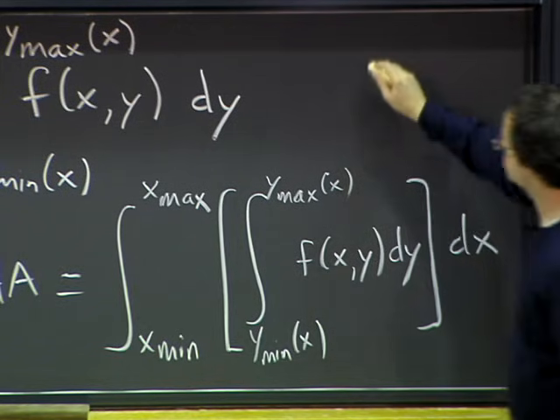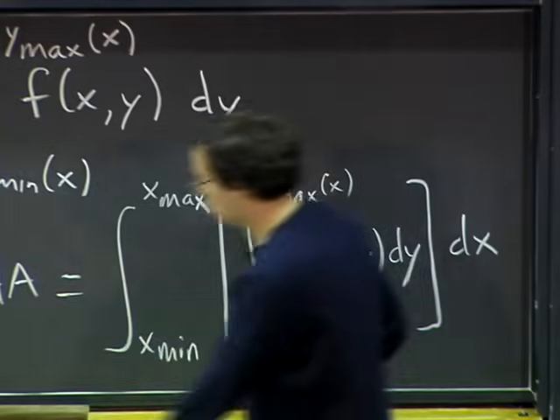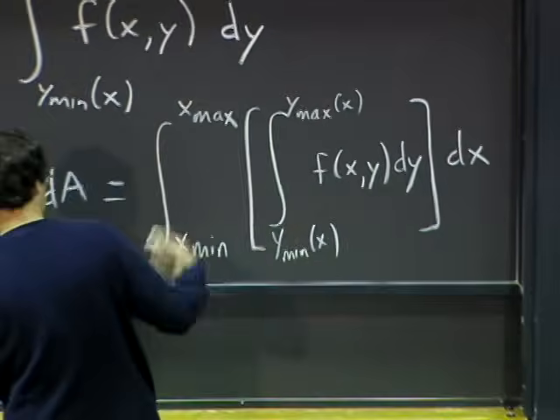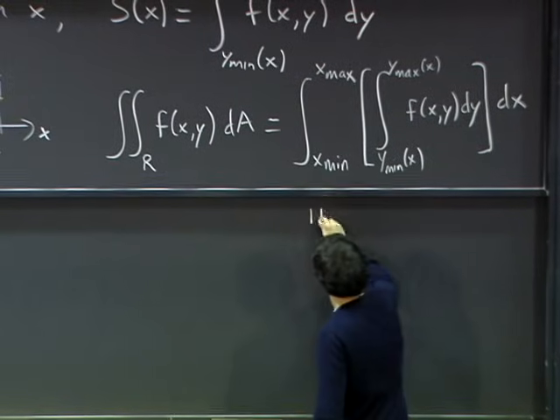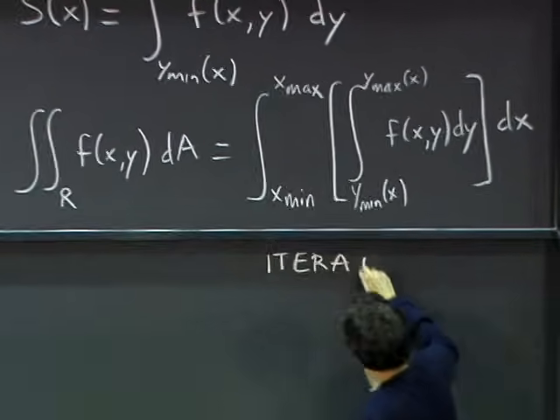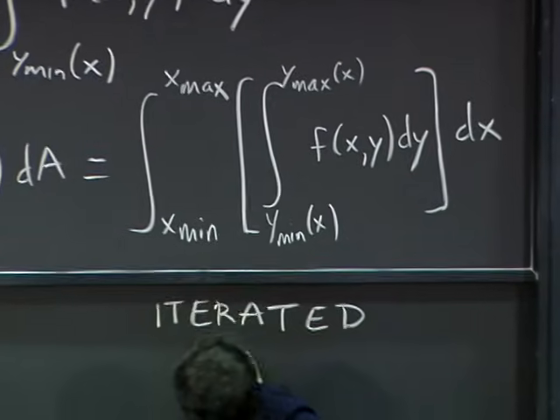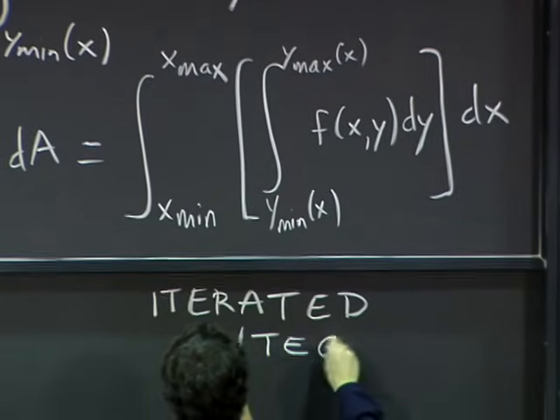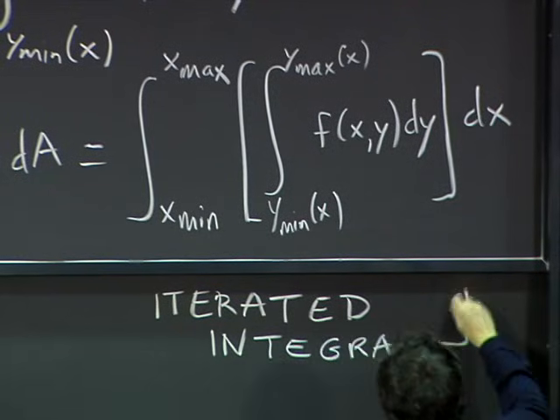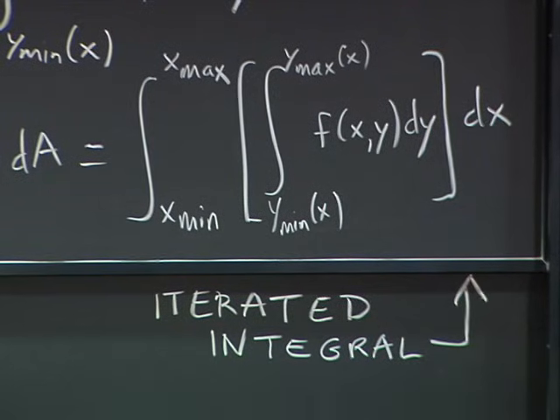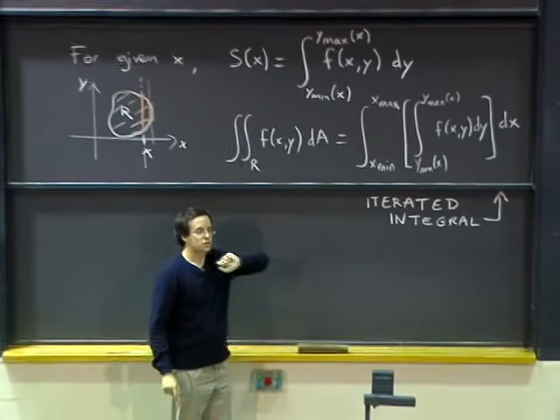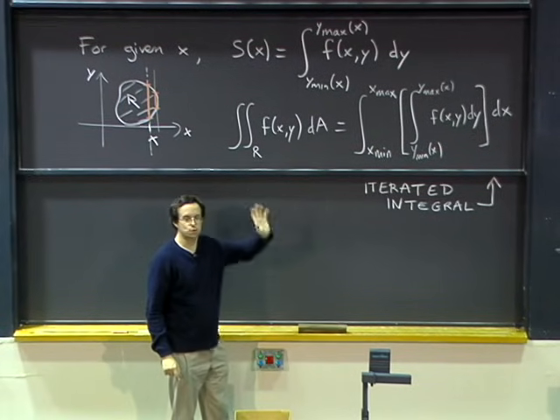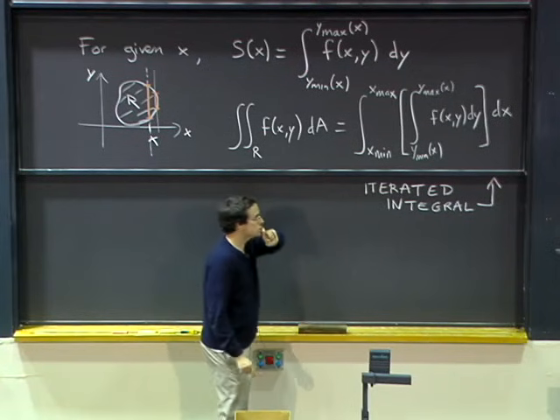This is called an iterated integral because we iterate twice the process of taking an integral. What's important to realize here, and I'm going to say that several times over the next few days, is that it's the single most important thing to remember about double integrals.